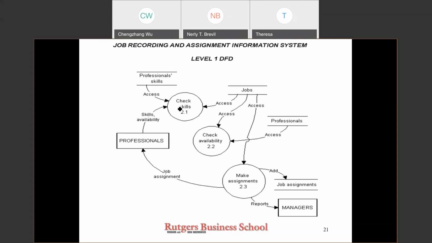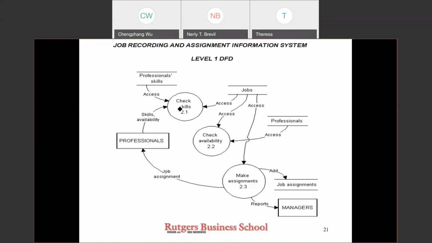Unlike the level 0 DFD diagram, note all the processes in level 1 DFD would not have the process execution recorded in the table.